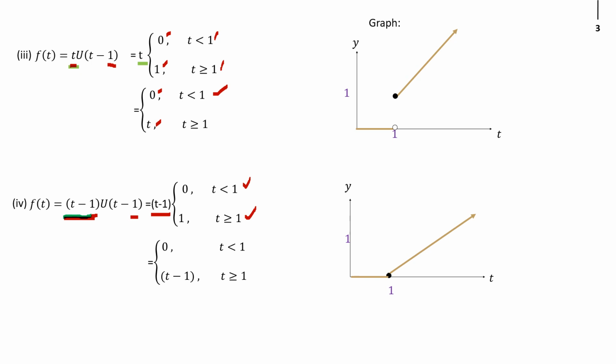These are the graph: when t is greater than 1, let's say t is 2, y is 1; t is 3, y is 2; t is 4, y is 3. So these are the line. And if t is less than 1, y is 0, this line.